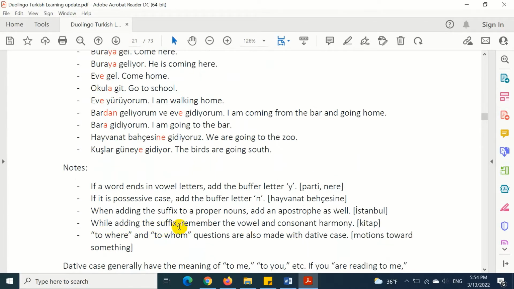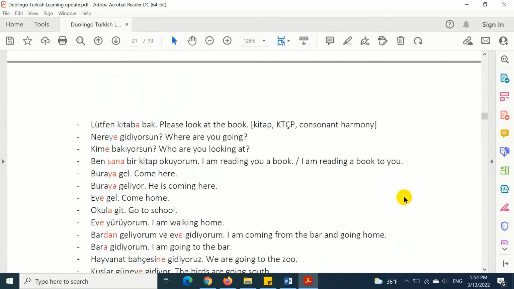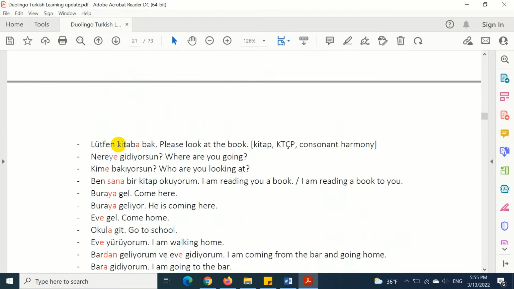While adding the suffix, remember the vowel and consonant harmony. Kitab. Yes. Now you already know those things. Lütfen kitaba bak. Please look at the book. You already know kitab, book. And as I told you, whenever you are adding a suffix, you should consider consonant with vowel harmony.